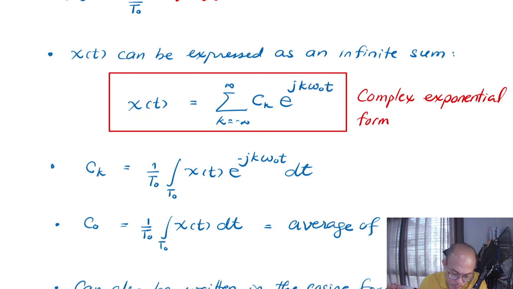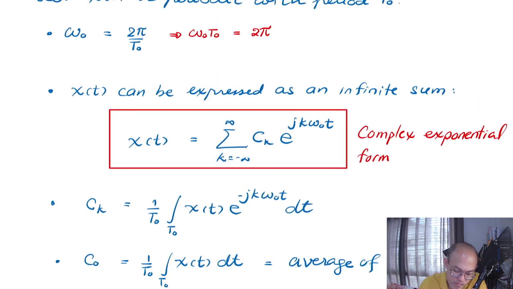Now, you will use Euler's formula a lot. We have e to the j theta equal to cosine theta plus j sine theta.